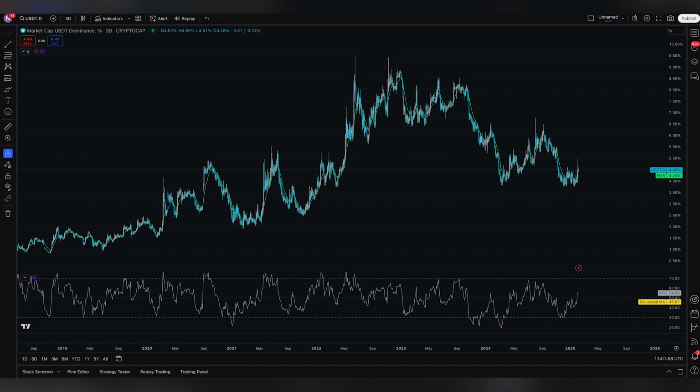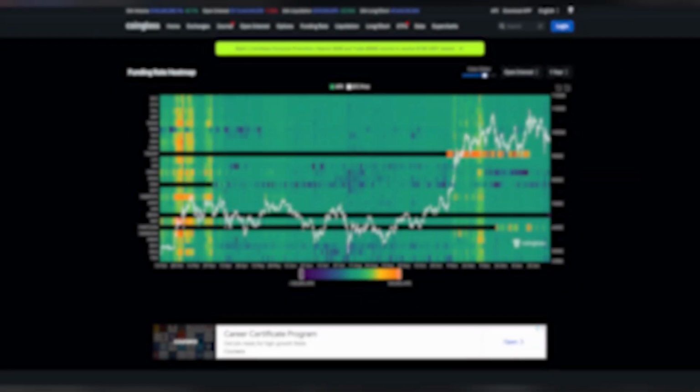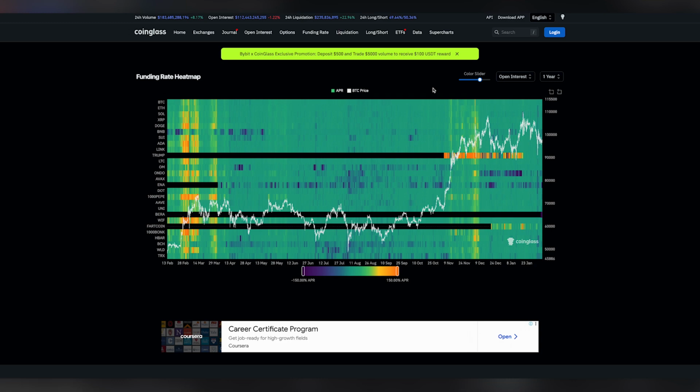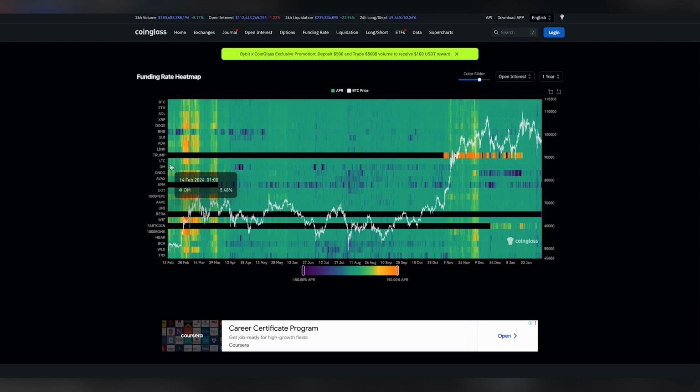Apart from the indexes, I like to use a few tools as well, and I usually discuss this in my corner. Usually when the market is overheated, when things are considered expensive, when the RSI on a higher time frame is at an overbought area, we can see funding rates going up, as we can see in this case in the first part of 2024 or in Q4 2024.